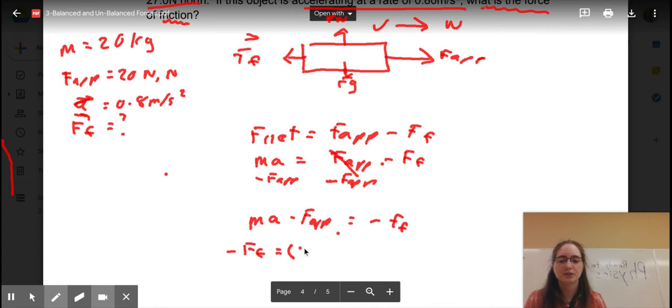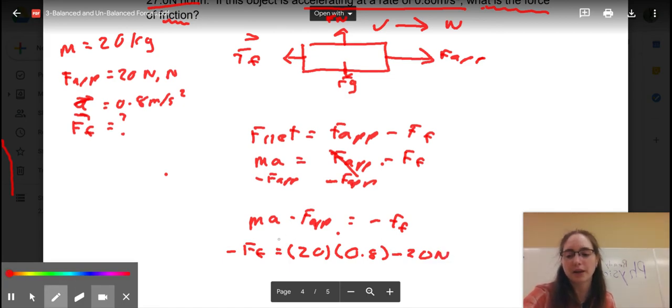So my mass is 20 kilograms. My acceleration is 0.8 meters per second squared. Watch your mass here, ladies and gentlemen. And then we subtract our force applied, which is 20 newtons. Okay, I'm going to scroll up again here.